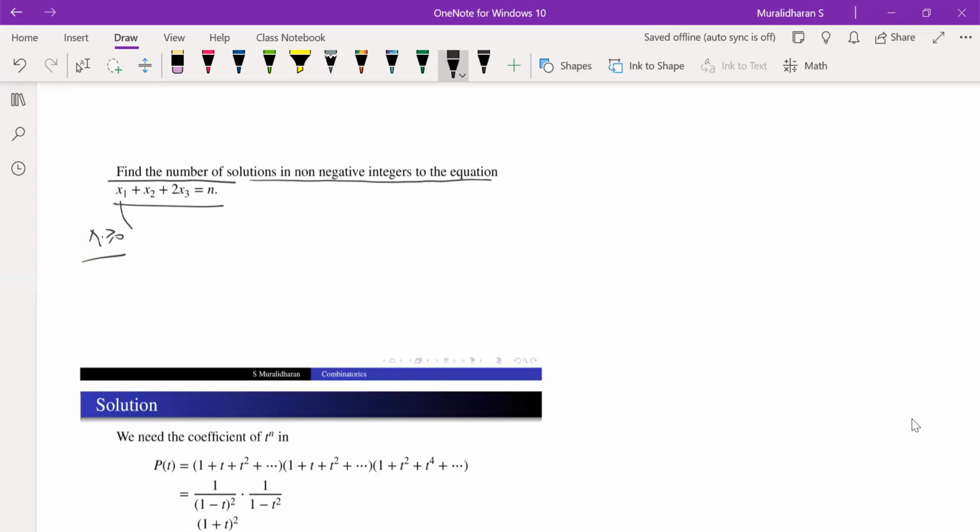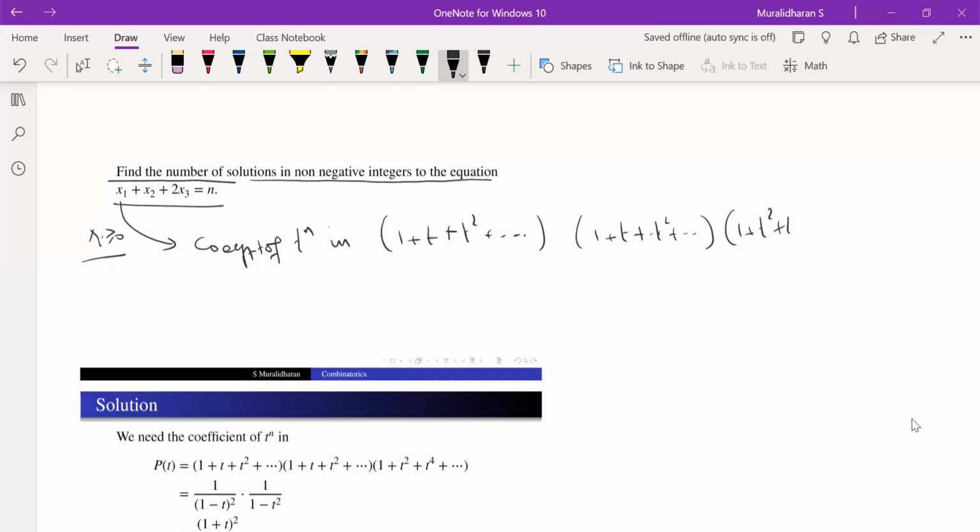That means I can write it this way. I want the coefficient of t power n in 1 plus t plus t square, etc., into 1 plus t plus t square, etc., into 1 plus t square plus t power 4 plus t power 6, etc. Correct? Because every term is of the form even number.